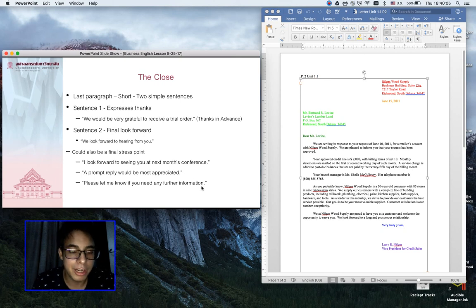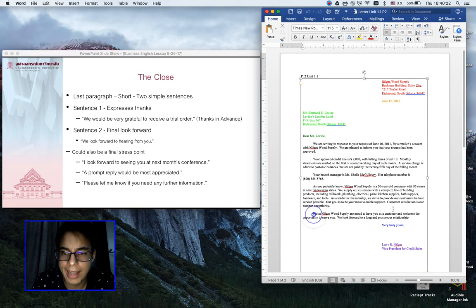So these points are just providing either final key information or final actions that focus on the purpose of the letter. Now, if we take a look back at the example here, we'll notice that the closing follows this exactly. So we at Nigel's Wood are proud to have you as a customer and welcome the opportunity to serve you, right? So this is expressing thanks. We look forward to a long and prosperous relationship.